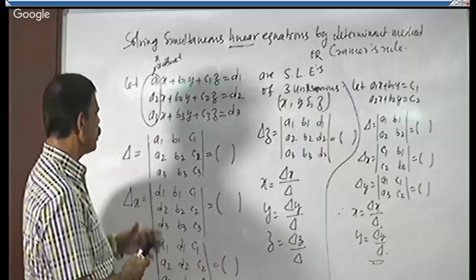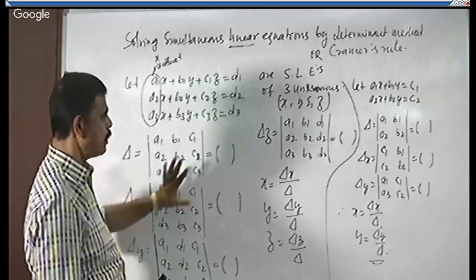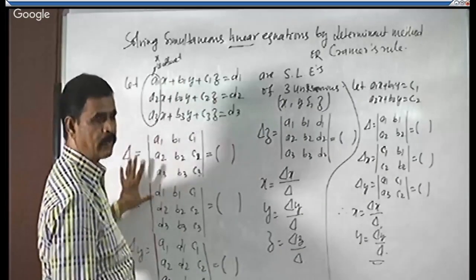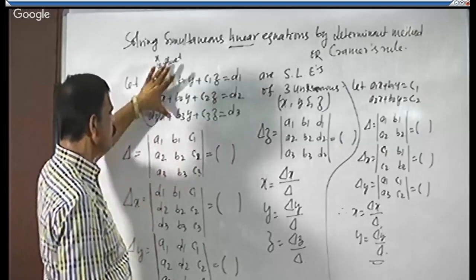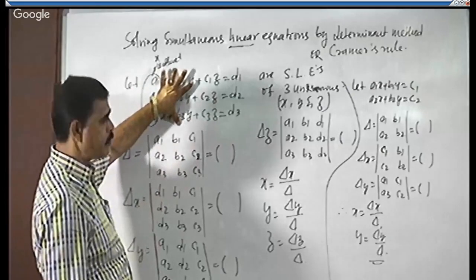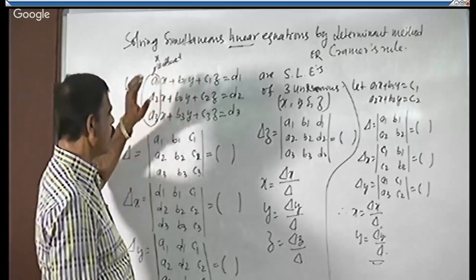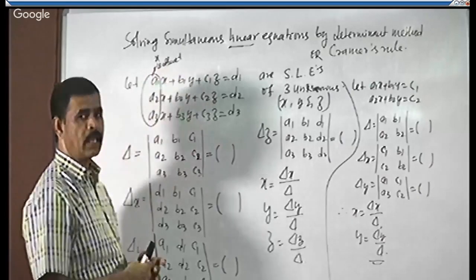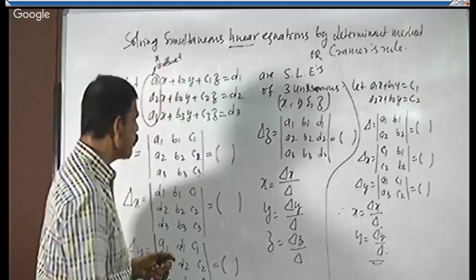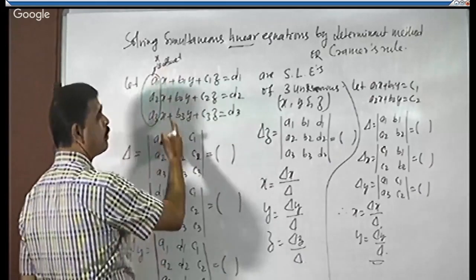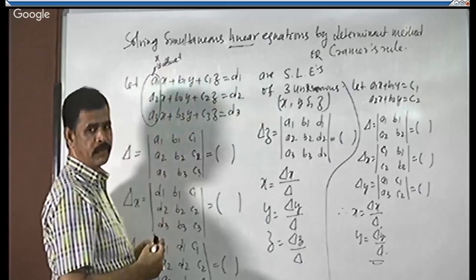In writing deltas, whether it is delta x, delta y, delta z, using the simultaneous equations, we need to follow certain steps. First, observe the given equations. The given equations should be in standard form only. The first condition is what?